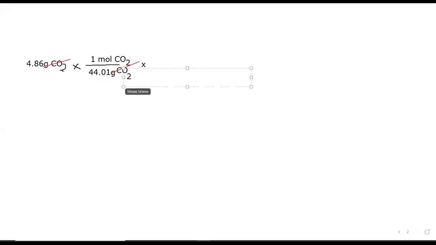Let's try and practice with our free hand. Okay, that was quite nice. So now we're going to get the mole of carbon.